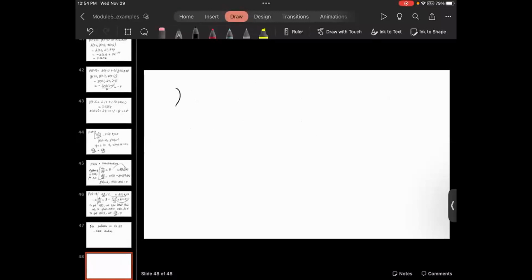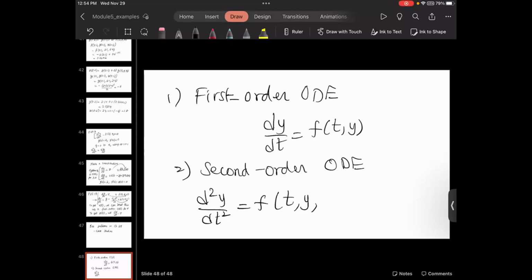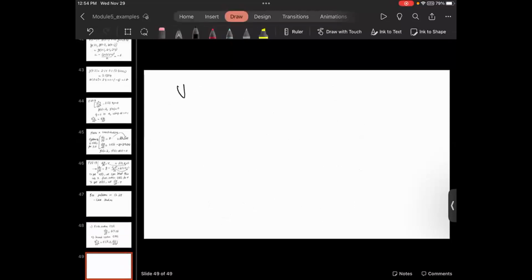So we have first order ODE of the form dy by dt equal to a function of t and y. We have a second order ODE, which is d squared y over dt squared, which could be a function of t, y, and dy by dt, which you will then reduce, or which you will then use the substitution dy over dt equal to z.